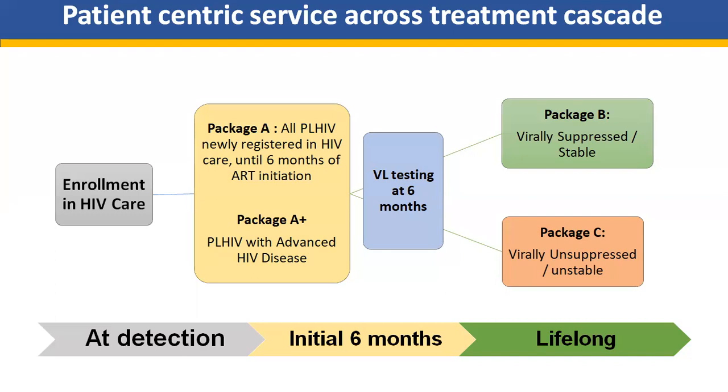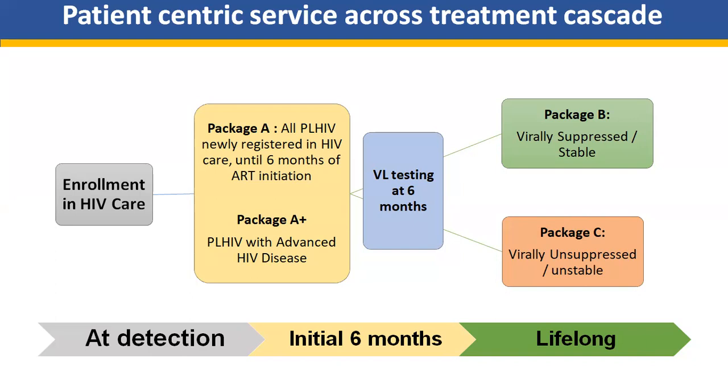We know that advanced HIV disease is WHO stage 3 or 4, a child aged less than 5 years, and a CD4 of less than 200. These three types of patients will be marked as package A plus. That is, they are small children, they are the patients who are having advanced HIV clinical infections or diseases, and those people with a poor CD4. They will be A plus. That is, they are in the first 6 months of their ART initiation, but they need a little more care.